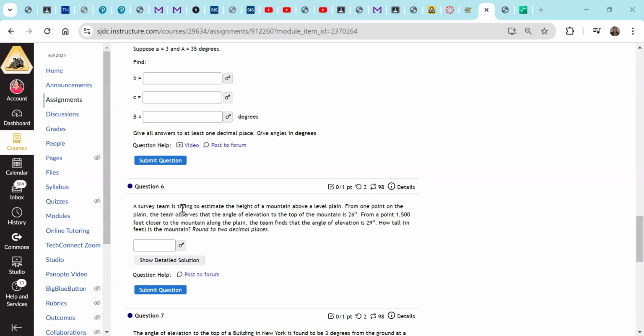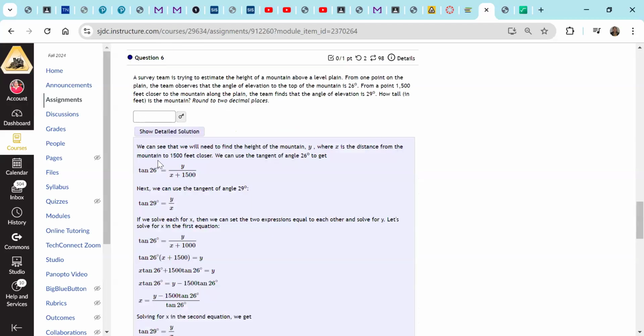So here are some steps that I'm going to share with you, which are attached right here. We will need to find the height of the mountain, which we consider as y, and x is the distance from the mountain to the 1,500 feet closer. We use the tangent of angle 26 degrees.